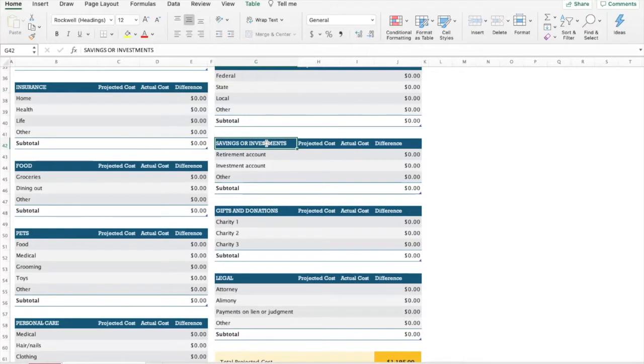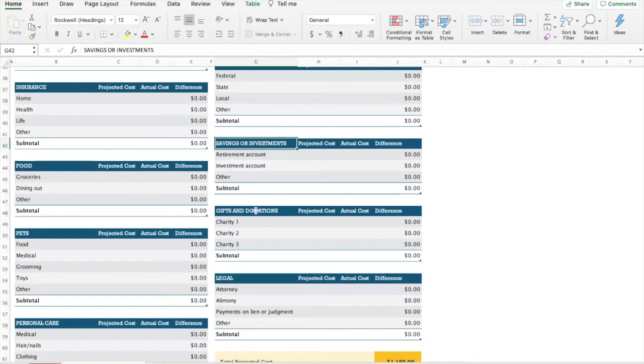However, on your budget, this is actually an expense, because when you receive your income, you're taking money from your income and putting it aside towards your savings or your investments. So on your budget, it is considered an expense. And you need to make sure you account for any savings or any investments.